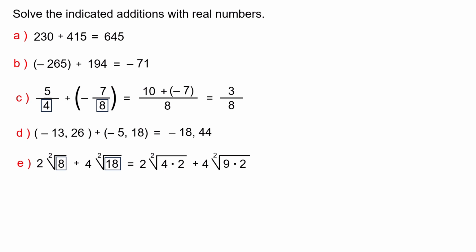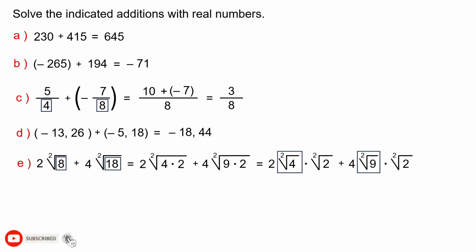Now, applying the property of radication that states that the nth root of the product of two elements is equal to the product of the nth roots of both elements, then we would have, calculating the square root of 4 and the square root of 9, we get.